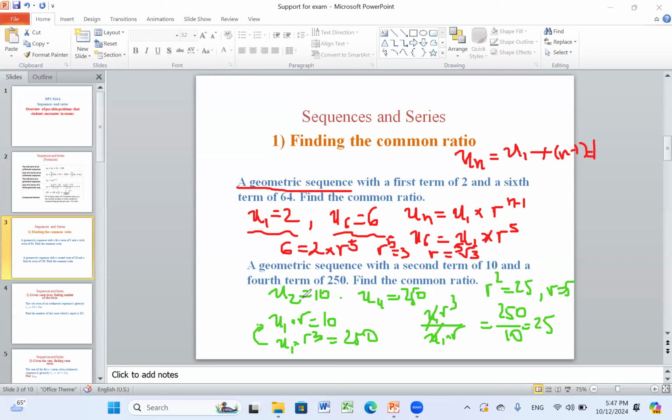So actually what we have here, when we divide two equalities, usually in a geometric sequence, there is a good way to cancel U1 in this type of question. So do not forget this.